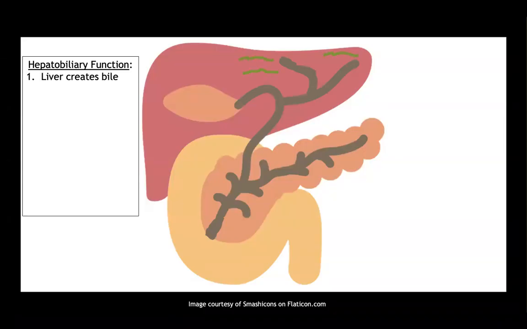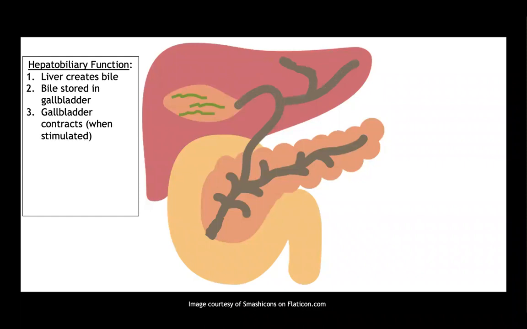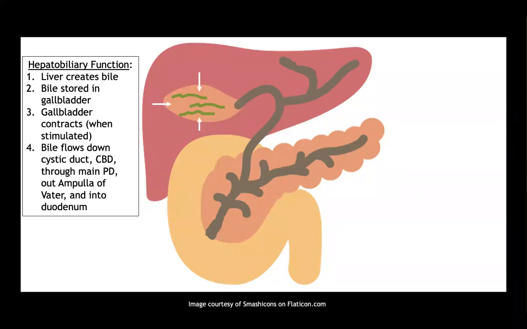The liver will create the bile, and that bile will get sent to the gallbladder. And then once the gallbladder is activated by CCK, it'll contract. And then once it contracts, that bile can flow all the way down through your cystic duct, common bile duct, main pancreatic duct, the ampulla of Vater, out the major duodenal papilla, and into the duodenum.